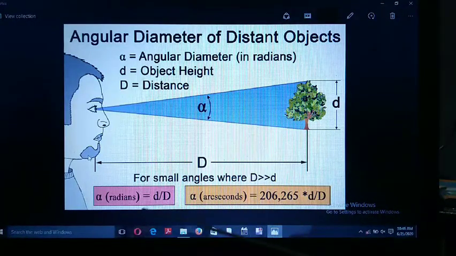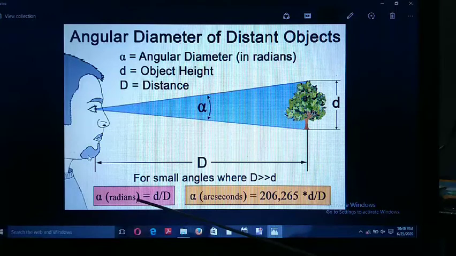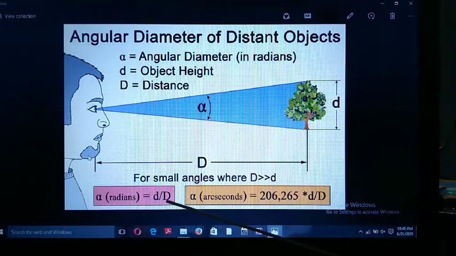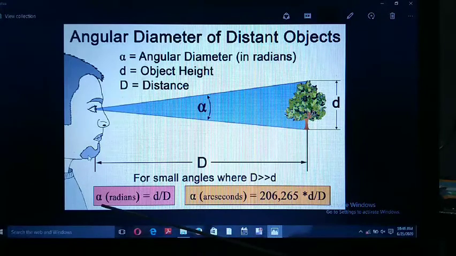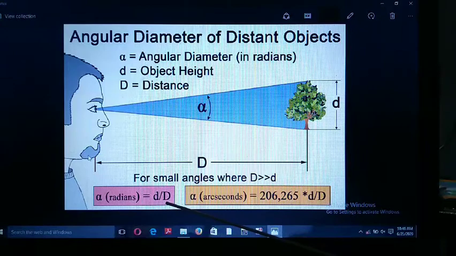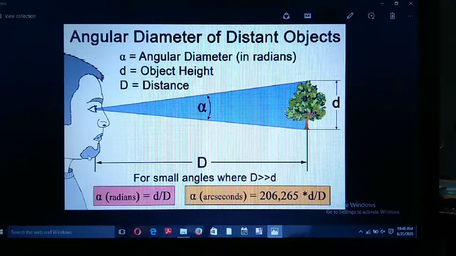Suppose alpha is equal to small d upon capital D. Now we have the values of alpha and capital D, both are available. So the values of alpha and D are substituted and we get the answer small d. Here small d is the height of the tree.